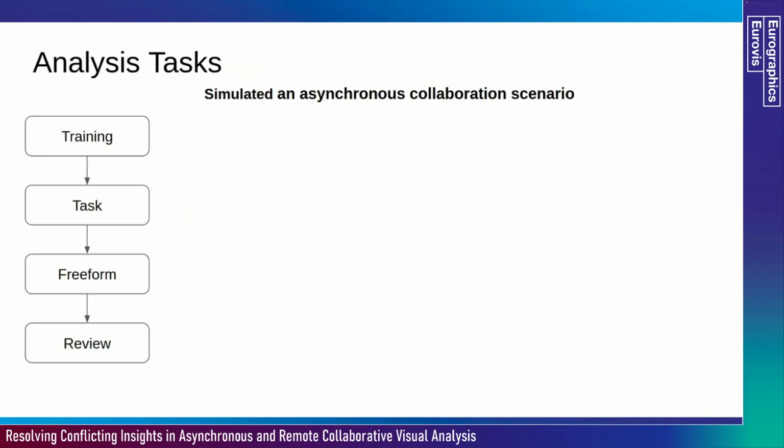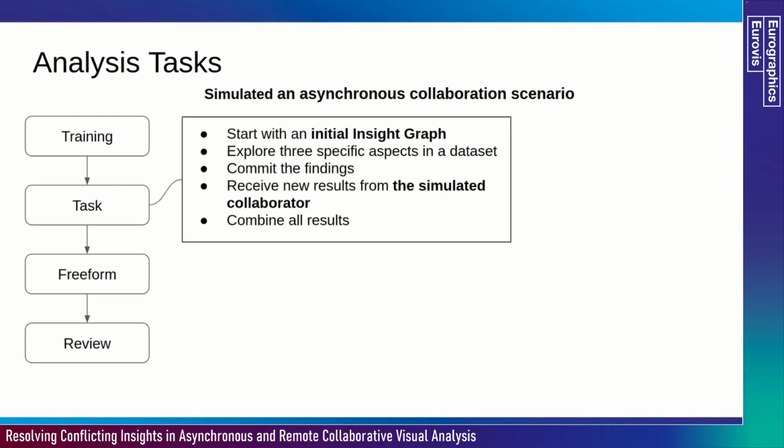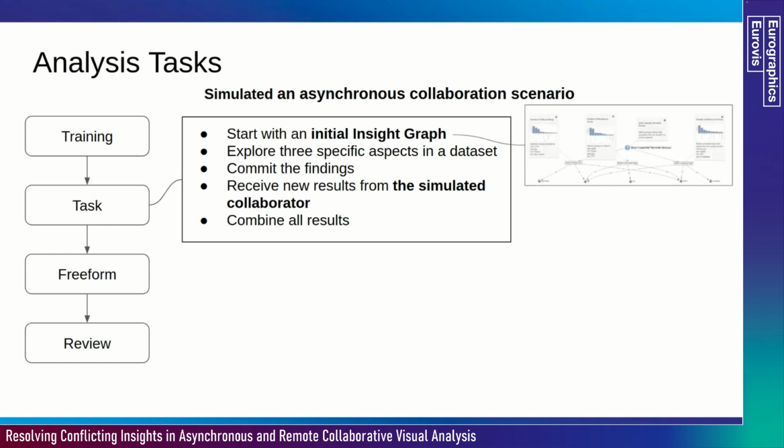For a controlled user study, we simulated an asynchronous collaboration scenario in which each participant is working in a team with a simulated collaborator. In the test stage, each participant starts with an initial insight graph and is required to explore 3 specific aspects in a dataset. After each participant commits the first set of results, the simulated collaborator will push additional results to the repository.